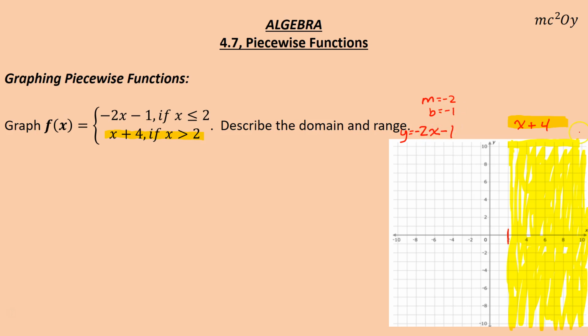So my y-intercept is negative 1, and I go down 2 and over 1, and down 2 and over 1. Okay, and down 2, and now I'm into the yellow. And this graph doesn't go into the yellow because of my domain. It's saying x is less than or equal to 2. It only exists on this side of 2. So I'm going to continue my pattern the other way, so I can get the rest of that line in there.